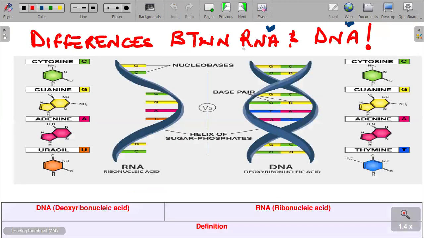So we can go to the differences between RNA and DNA. I have captured nice diagrams that you can see here.